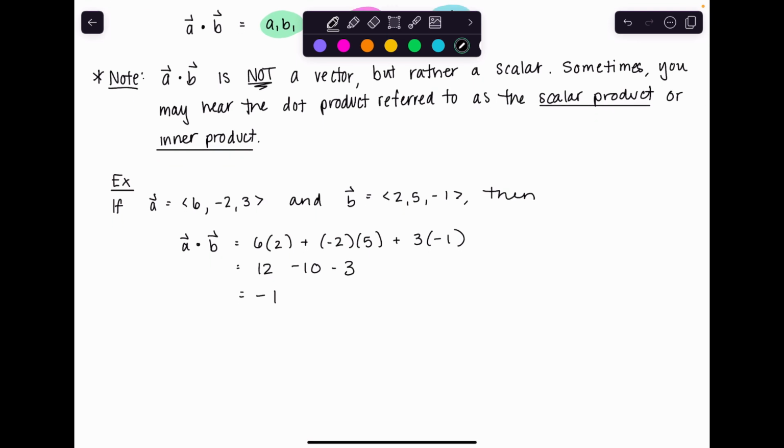Since it's a new operation, we're going to go through all of our different properties. I'm going to at least show you proof of one of these, the one that we're going to use the most frequently.